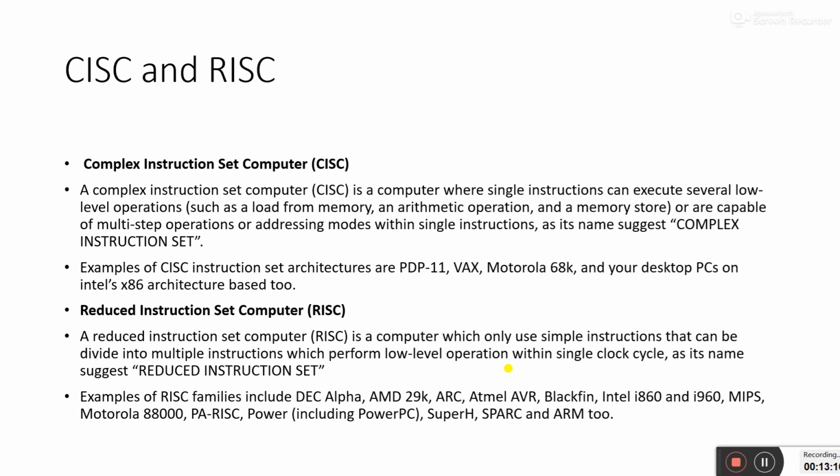In the earlier instruction set we need multiple clock cycles to execute, but in this instruction set computing we need only a single clock cycle, and in a single clock cycle multiple operations can be accessed and completed. These are some of the processors where reduced instruction set computing was used.